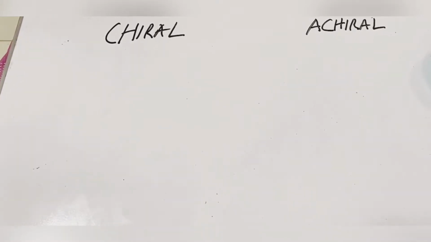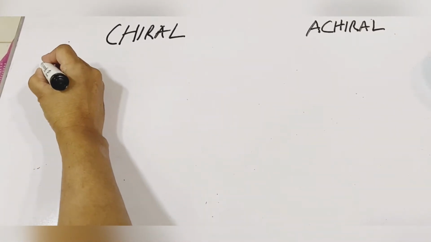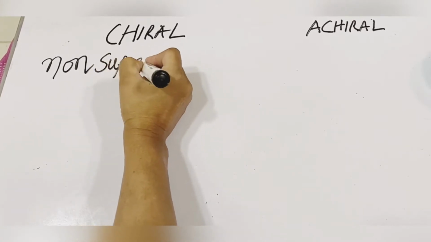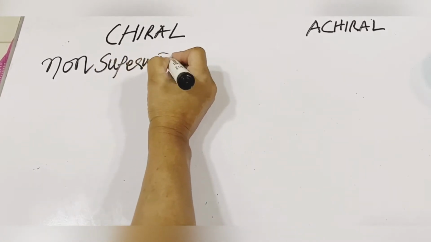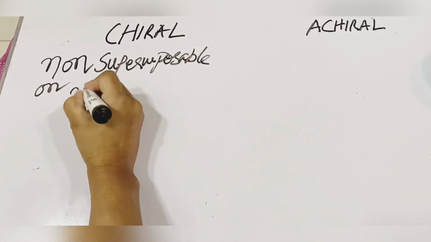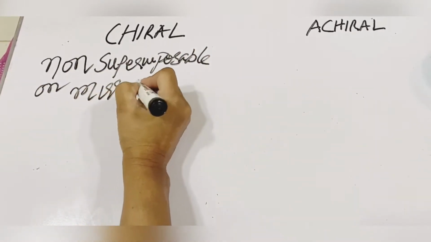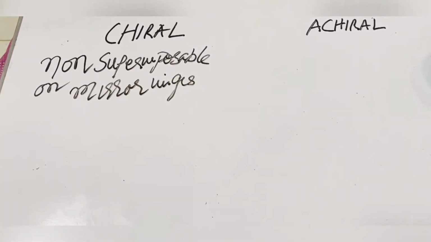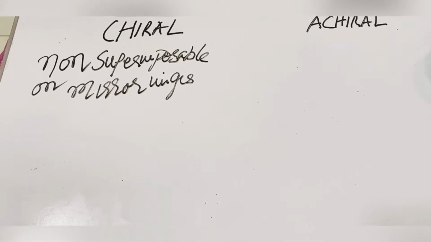So chiral molecules are simply non-superimposable on their mirror images. They are non-superimposable on mirror images, whether they are rotated in any direction in space.